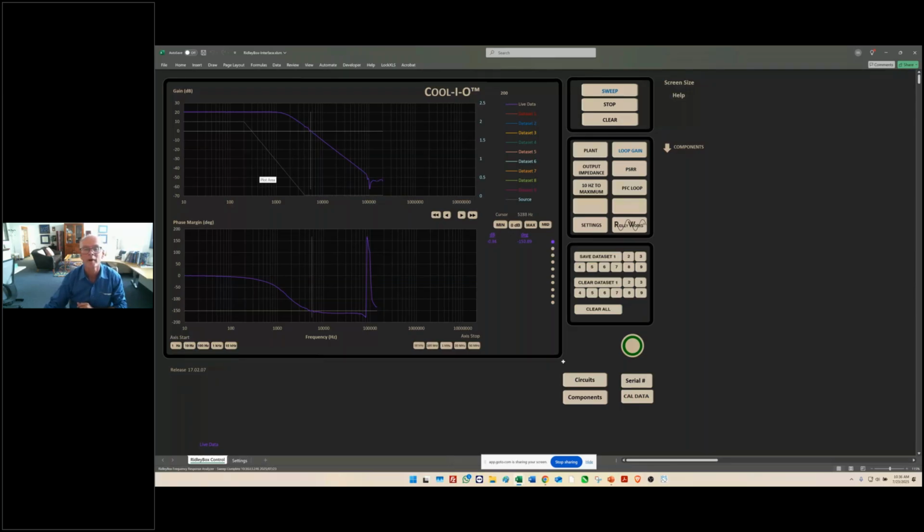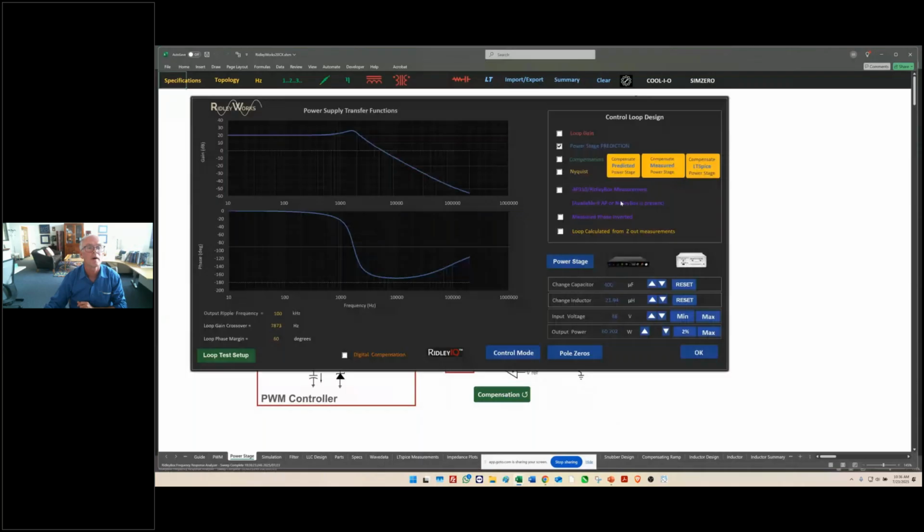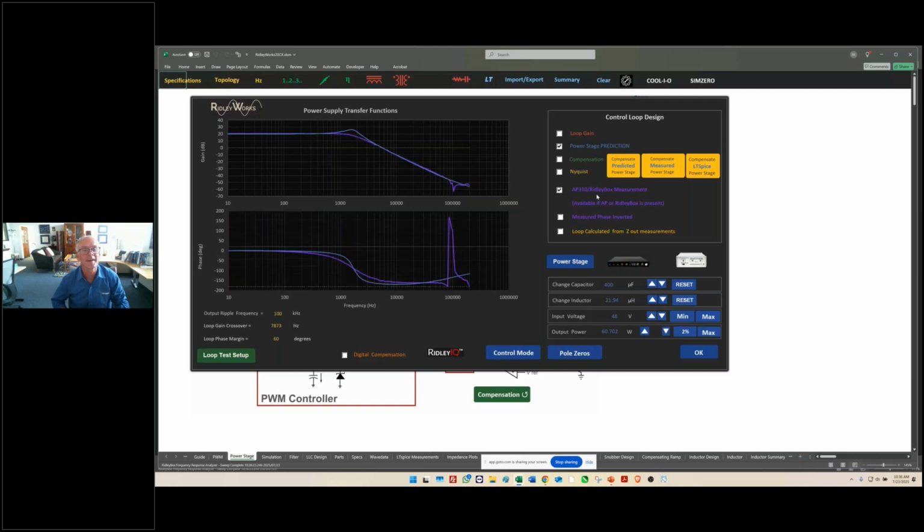And now we go back. Sorry. Go back into, you are using voltage mode control. And here is the predicted on top of the measured. It's like, uh-oh, things are not working as well as we expected at this point.